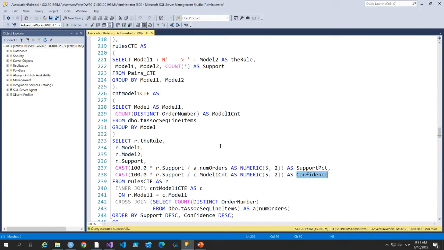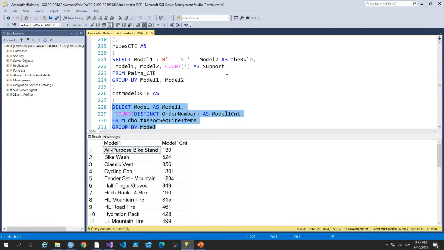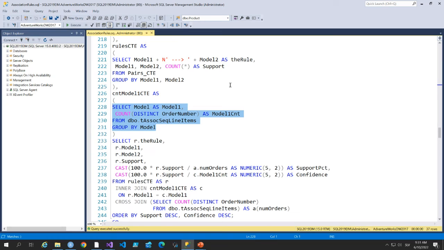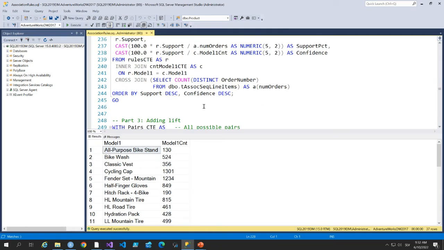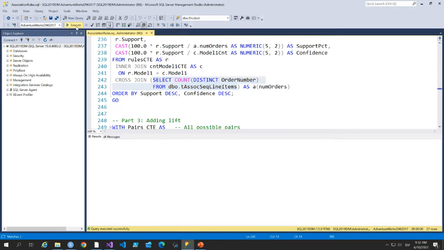And I also need the number of orders, so I'm counting the distinct number of orders, counting the distinct number of models on all orders. And I also need the total count for a relative number, which I simply add with a cross join of a single row. Total count is just the total count of orders, 13,000.